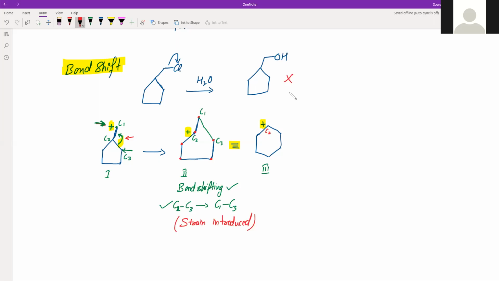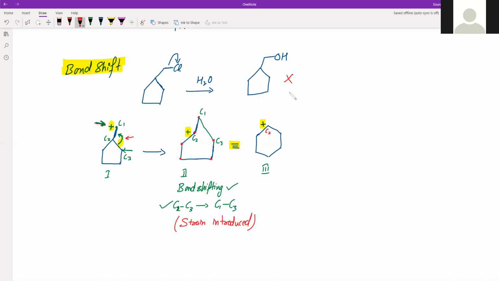So again, positive charge has moved from C1 to C2, its adjacent carbon, right? The bond has shifted as well as, obviously, the positive charge will shift. That's what we have observed in all of these rearrangements. Positive charge also shifts from one position to the nearby position.